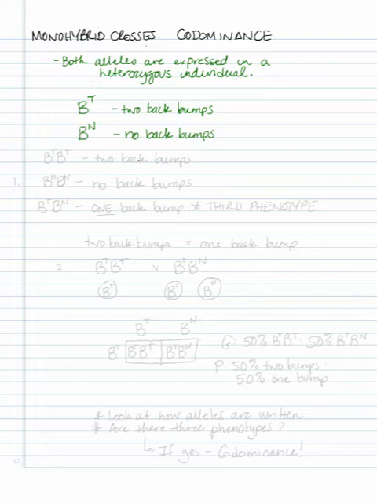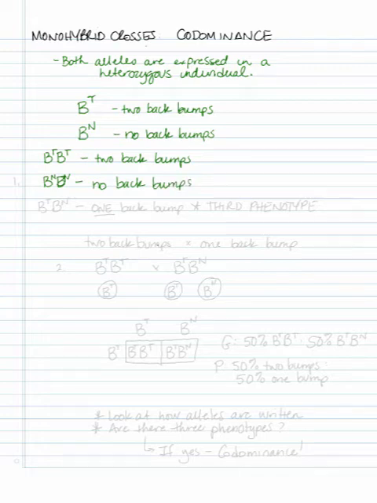And so you can have three possible genotypes. I could have an individual that is BT, BT, and that individual would have two back bumps. I could have an individual that is BN, BN, and that individual has no back bumps.